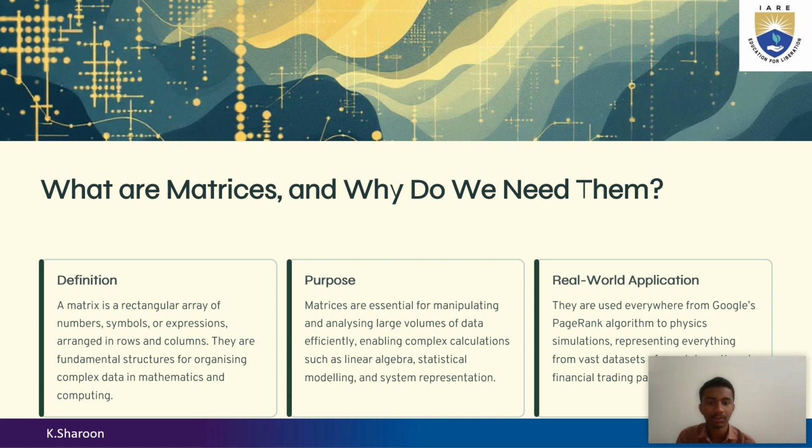Matrices are essential for manipulating and analyzing large volumes of data, enabling complex calculations such as linear algebra, statistical modeling, and system representation. And real world applications, that means where do we use matrices? They are used everywhere from Google's PageRank algorithm to physics simulations, representing vast data sets, and also used in financial trading pages.